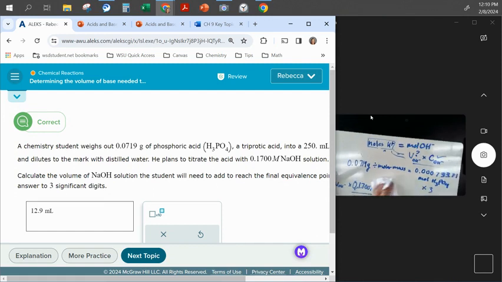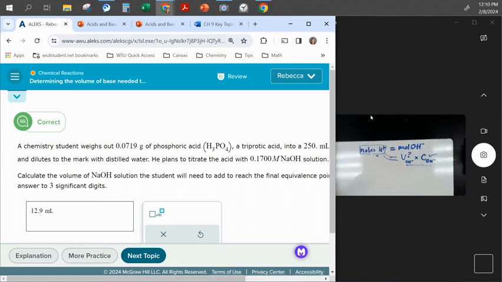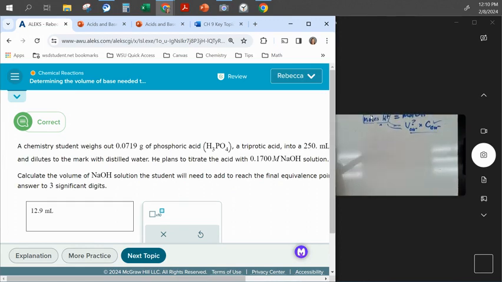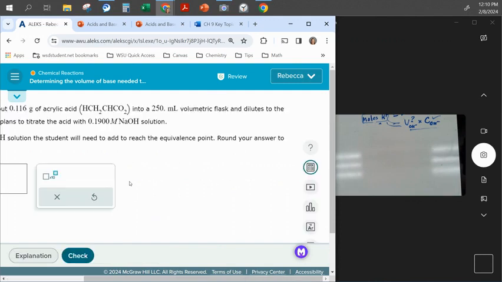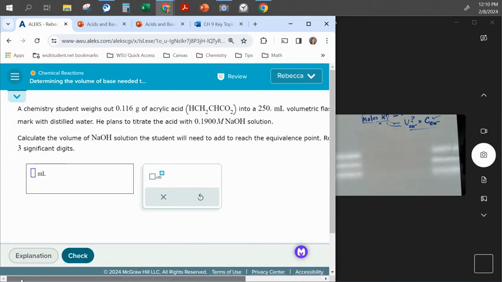All right, we're going to do one more. So this one has extra hydrogens, but we only care about this first hydrogen. That's the only acidic hydrogen.